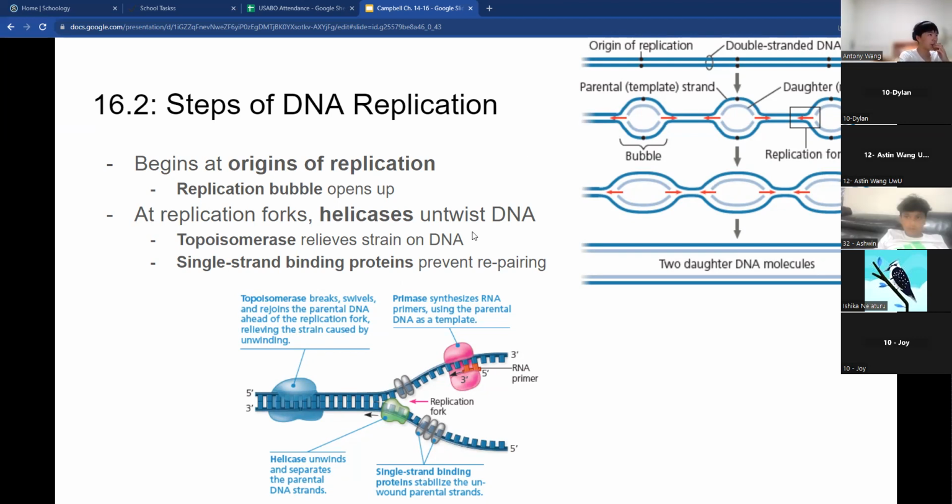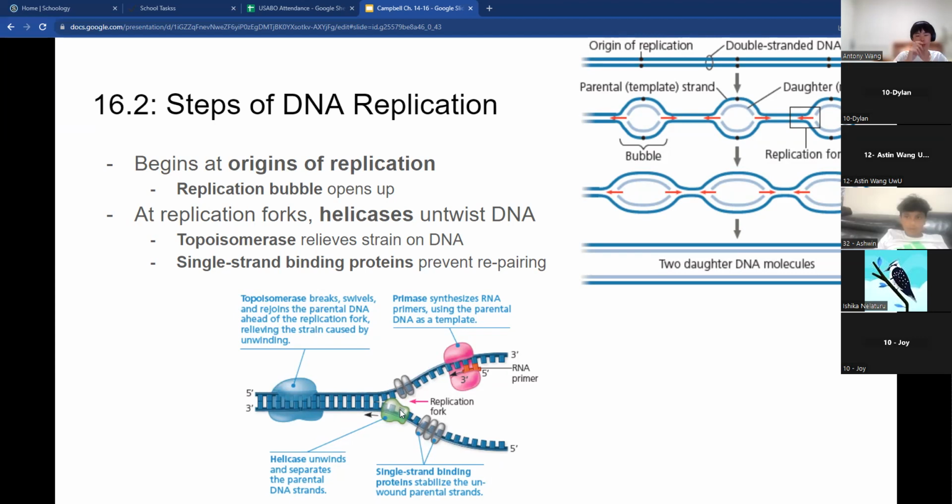Then come single-stranded binding proteins, which attach to the DNA and prevent it from snapping back together. Once it's unzipped, you don't want it to come back together because then you can't replicate it. So these proteins ensure that these strands can't come back together.